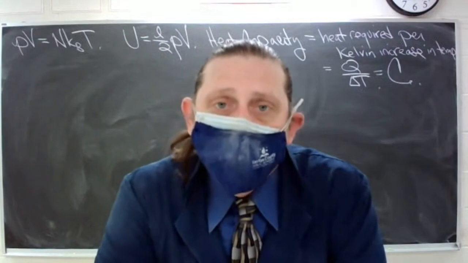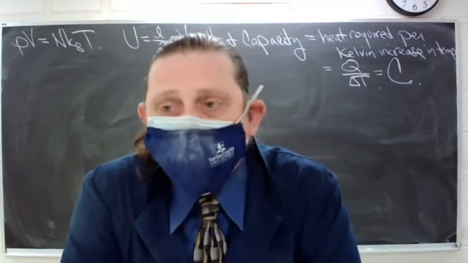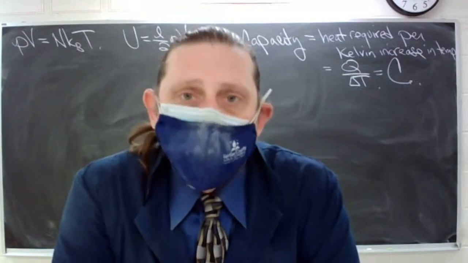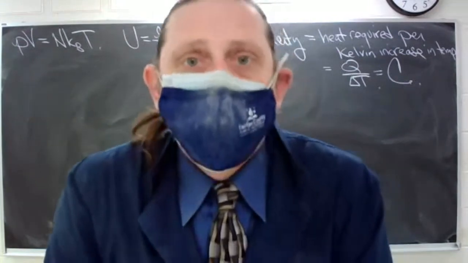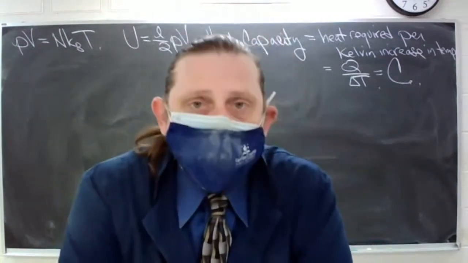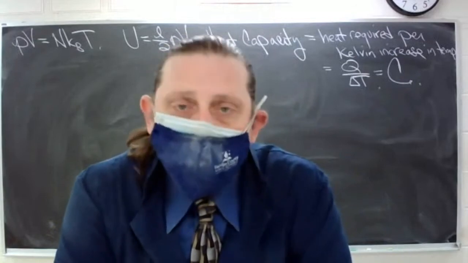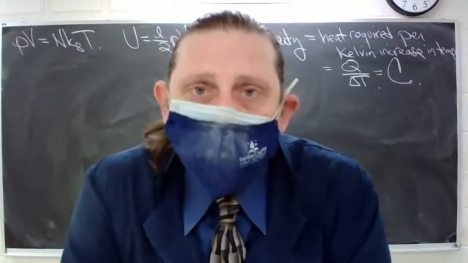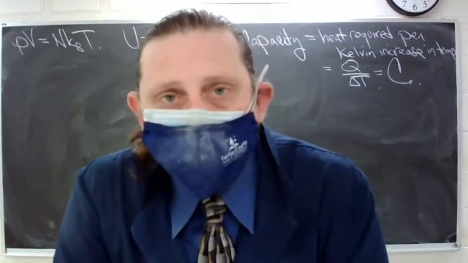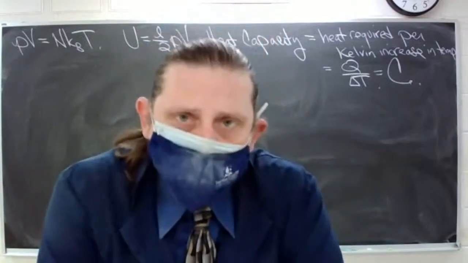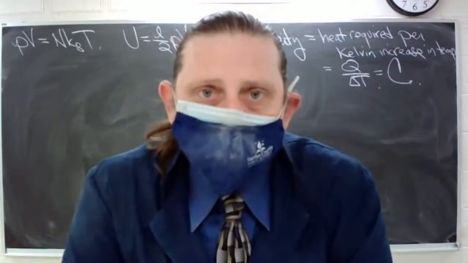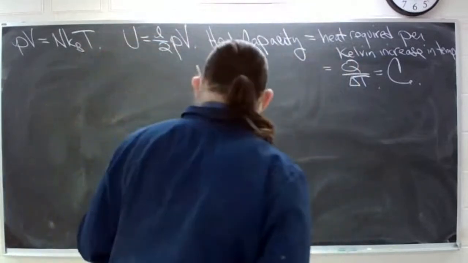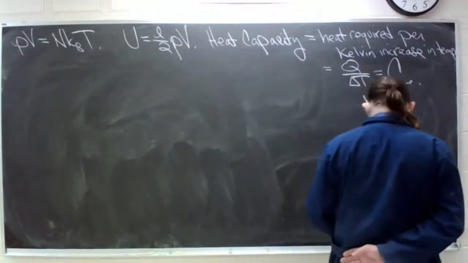When you take an extensive quantity and you divide by the mass, you get the specific quantity. So the specific heat or the specific heat capacity is the heat capacity per unit mass. And that's given a lowercase c.